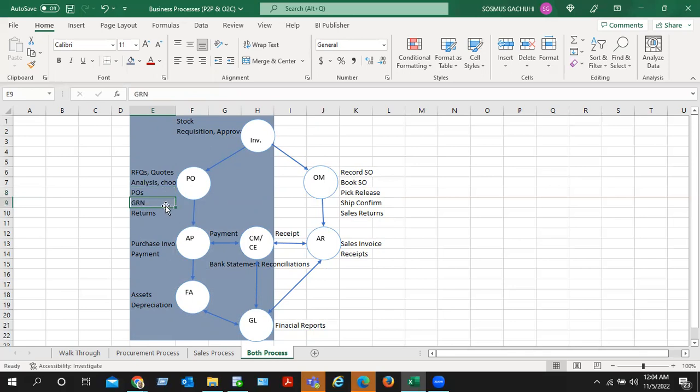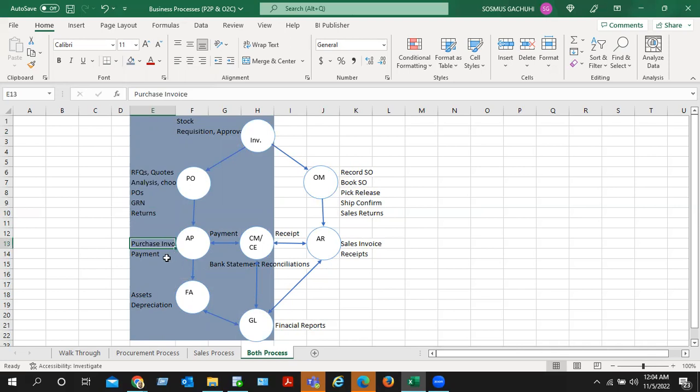Once the organization receives the goods, they will produce a document, or use a feature in the purchasing application, which we refer to as GRN, goods receipt note. And if there is a scenario whereby goods need to be returned, they will maintain the purchase returns.